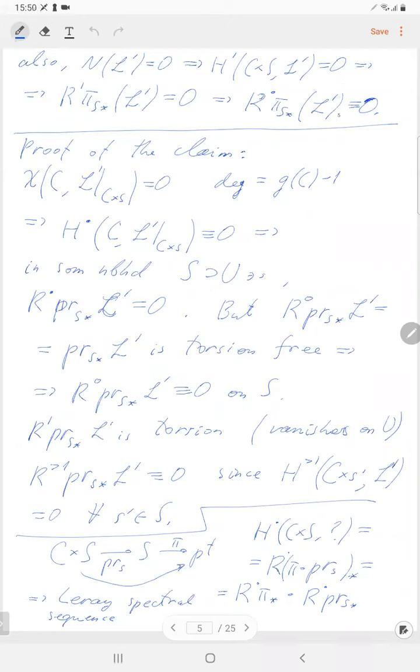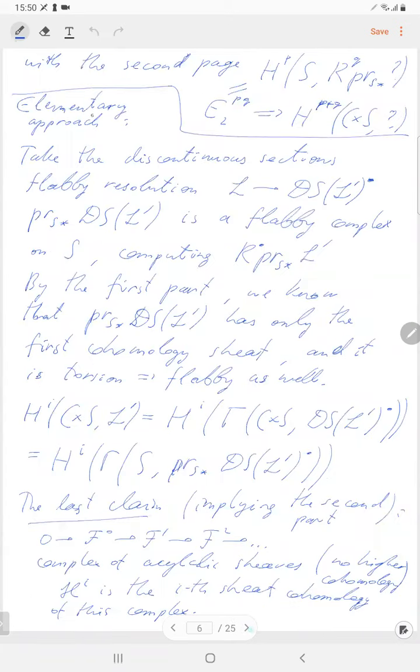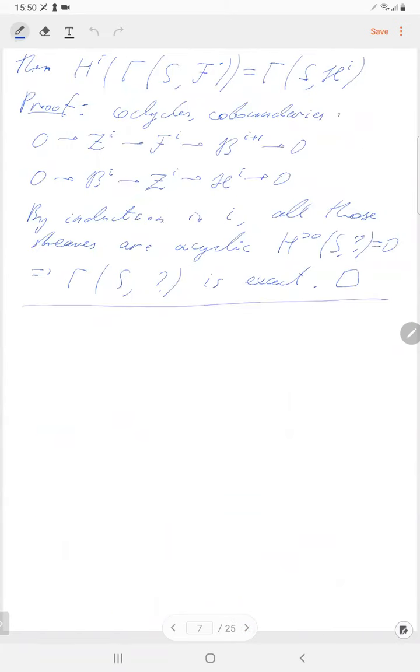Its higher direct image to the base curve S vanishes absolutely in all degrees. The zeroth, first, second, and so on, all direct images vanish. Okay, so now we can continue from here on.